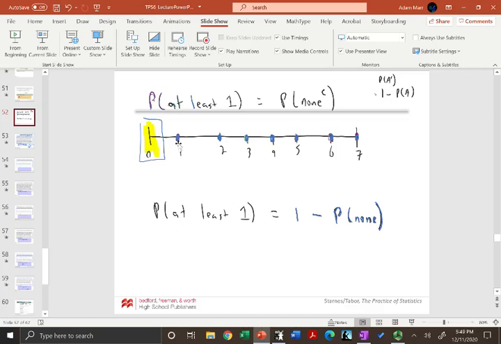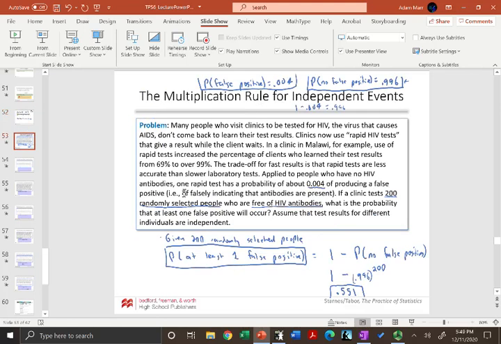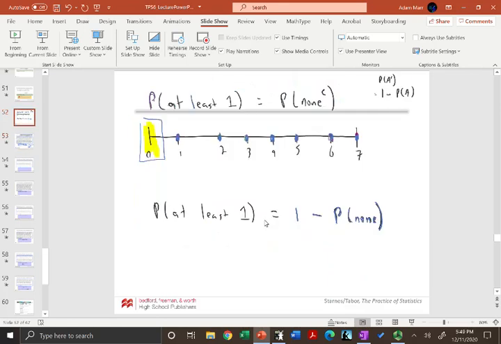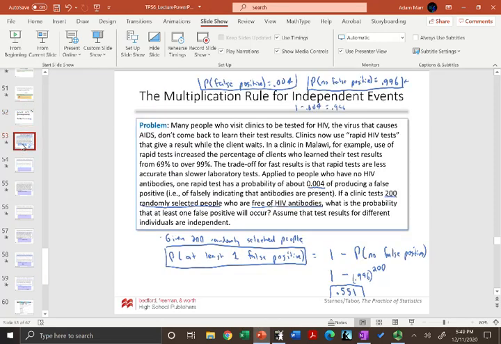The probability of getting at least one trial means 1 or 2 or 3 or 4 or 5 or 6, etc. The complement of that would be getting none. That is 0 right there. So that's why I have listed the probability of at least one equals 1 minus the probability of none. Let's take a look at this particular example.